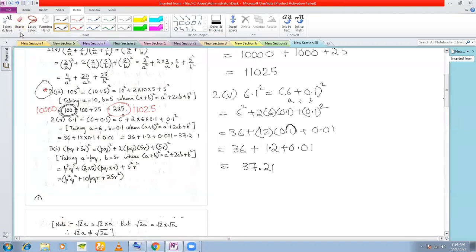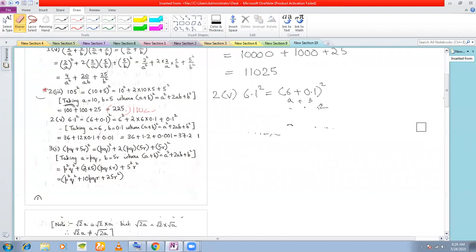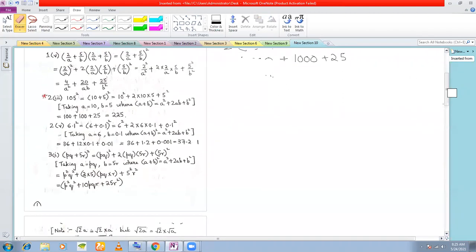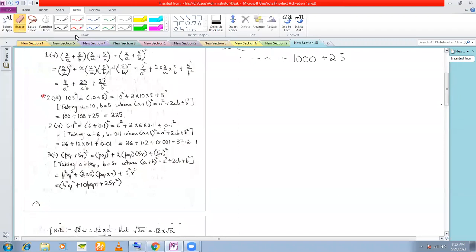Let's move to the next one, which is 3 part 1. The question here is PQ plus 5R whole square.